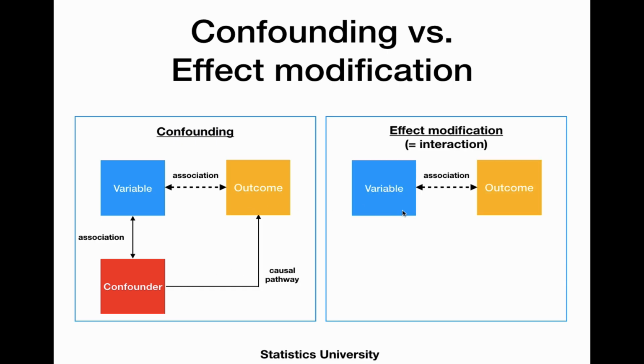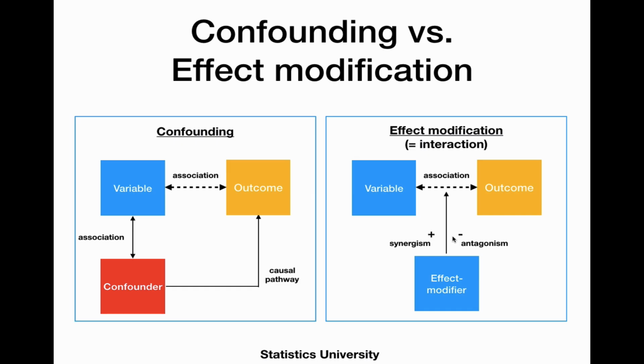And in effect modification, the association between a variable and outcome is modified by another variable called the effect modifier. And it can be enhanced. In that situation, we refer to it as synergism, but it can also be reduced, which is called antagonism. So this is the difference between confounding and effect modification.